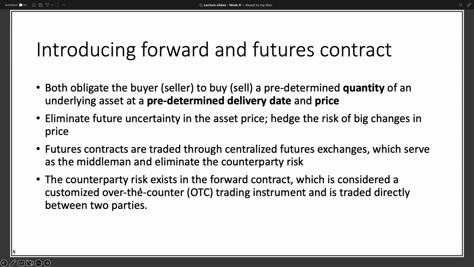The counterparty risk exists in forward contract agreements, which are usually over-the-counter transactions between two parties directly. The two parties set the terms for the agreement directly with each other.